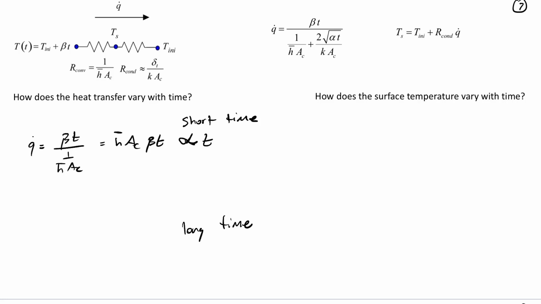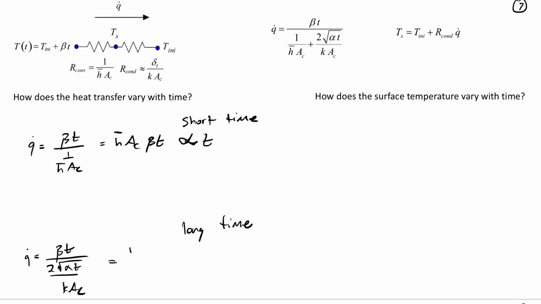Now, as time grows, we have a slightly different condition. Q dot is equal to still beta T in the numerator, but then it becomes 2 square root of alpha T over KAC.